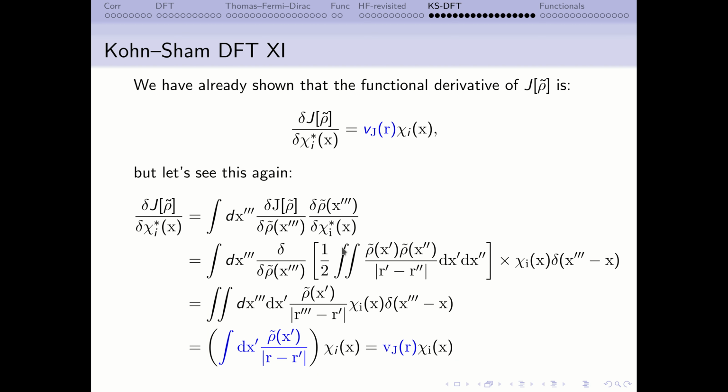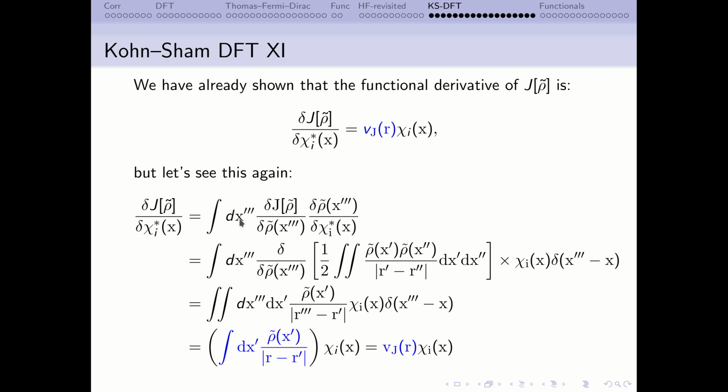Alright, so as I've said, we've already shown that the functional derivative of J with respect to chi I star is the Coulomb potential V_J times chi I x. Let's see it again. Functional derivative of J with respect to chi I star x. Use the chain rule. Now I have used 3 primes here because I know what's going to come in next.